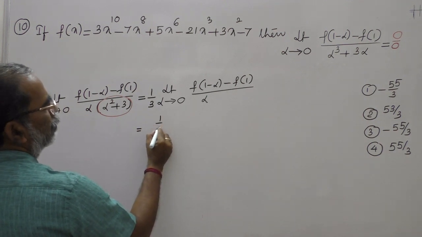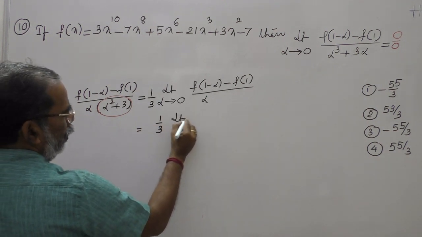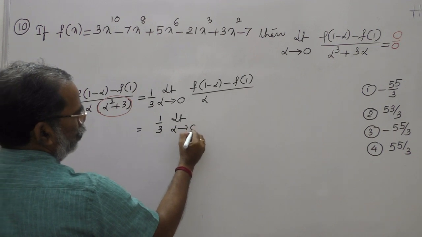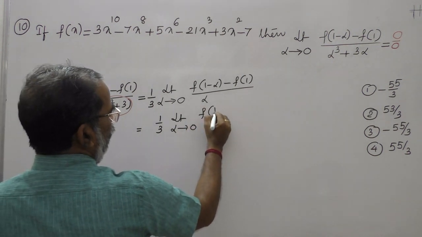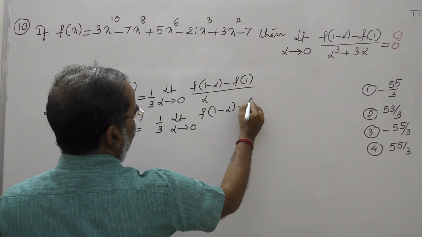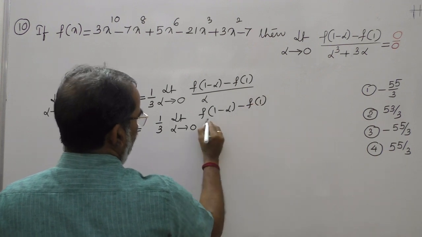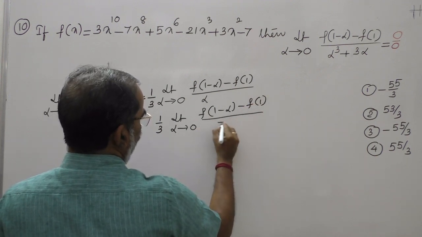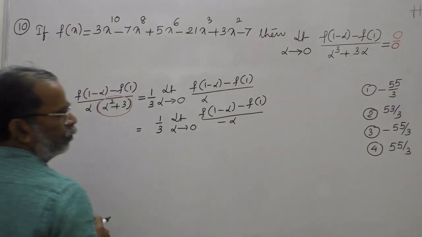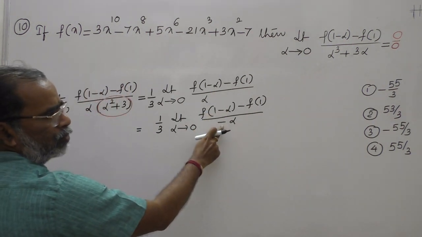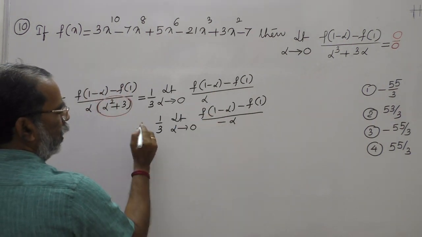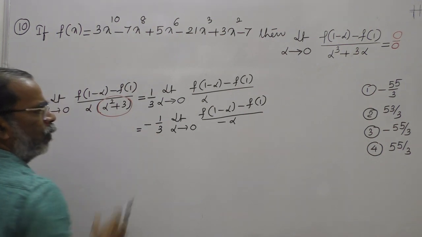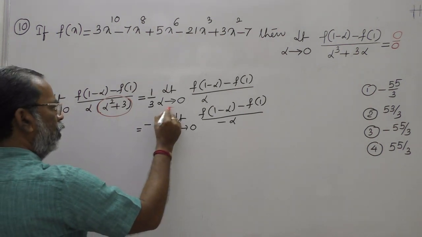So what is this? 1 by 3 into limit alpha tends to 0, f of 1 minus alpha minus f of 1. Here for the left limit you should have minus alpha. If plus is there, here also plus. So I have written minus extra, no? I will place minus here also.